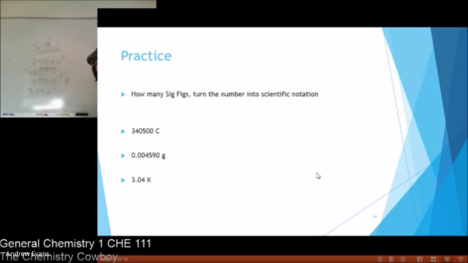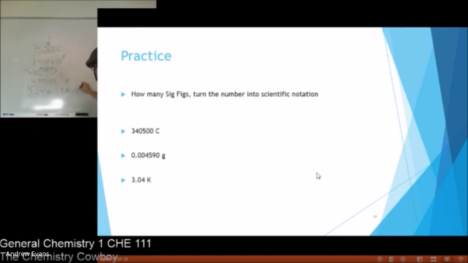So it has a decimal. So the rule is first non-zero number, everything to the right. In this case, every single digit reported is considered significant. Every single digit is significant. So all 3.